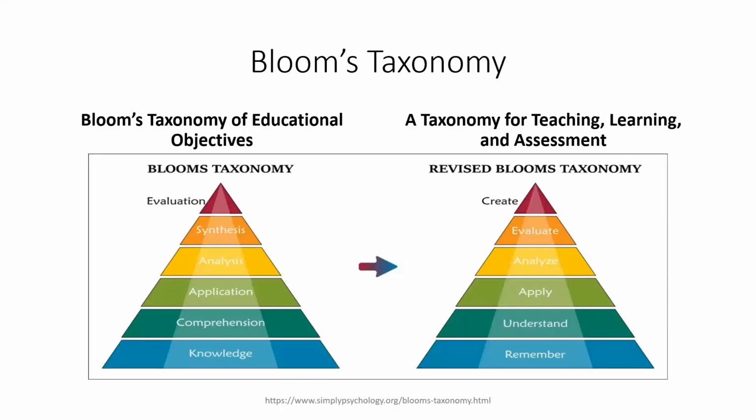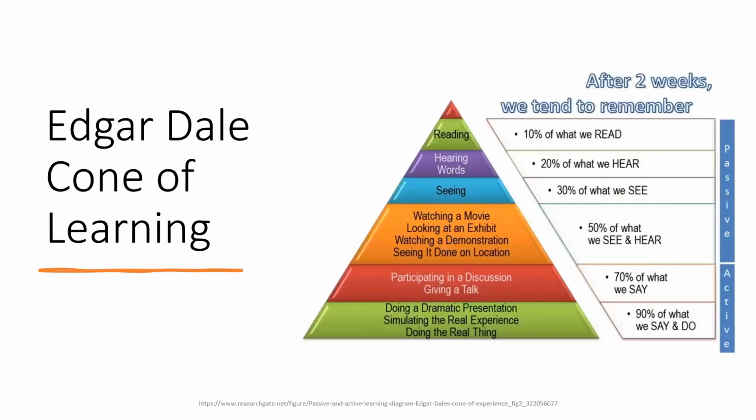Analyze, this is where they can draw connections among ideas, like compare and contrast. And then we have evaluate. This is where they can justify their decisions, defend, and critique others. And at the top of this pyramid, we now have create, where the student now should have the capability to produce new or original work.